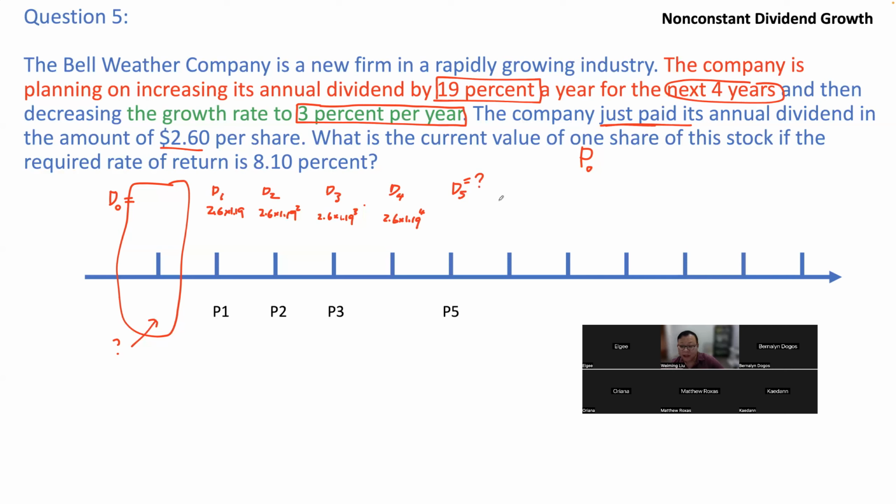If it said decreasing the growth rate by 3%, that's different, that would be 16%, because 19 minus the amount of decrease, 3, is 16. But here it said decreasing the growth rate to 3%. So that means the new growth rate is 3%.